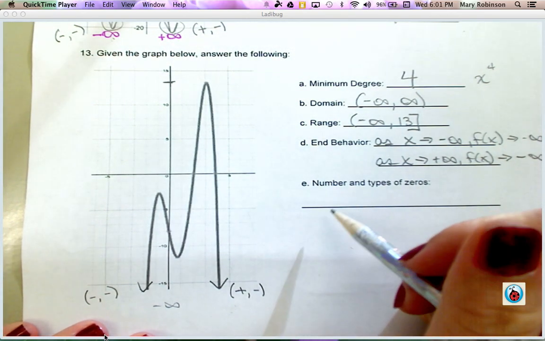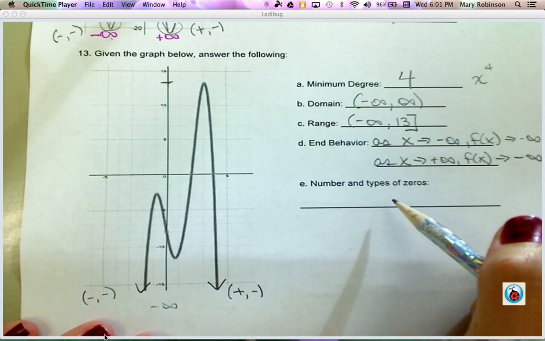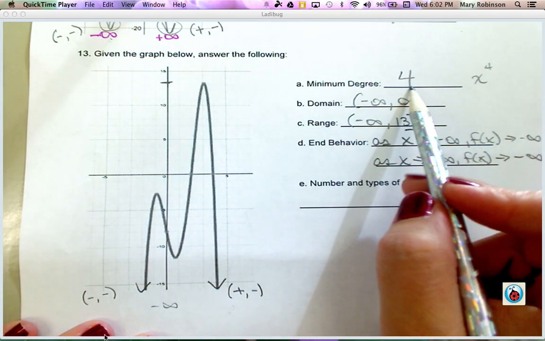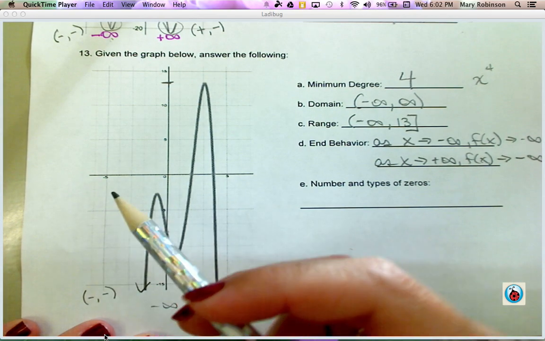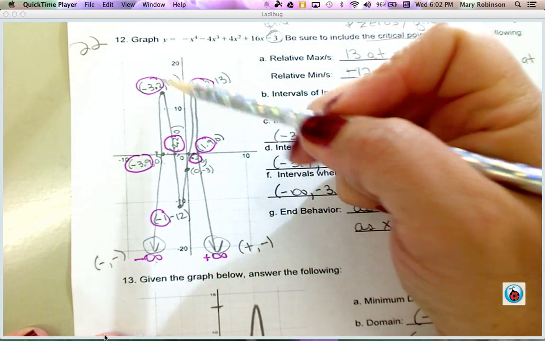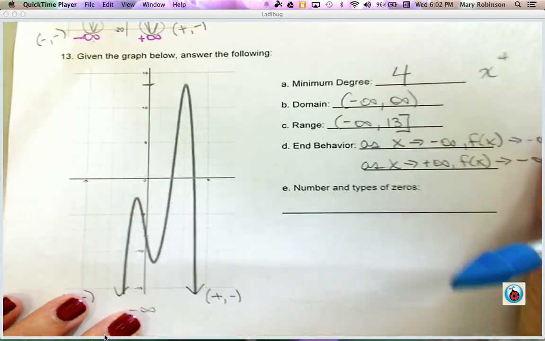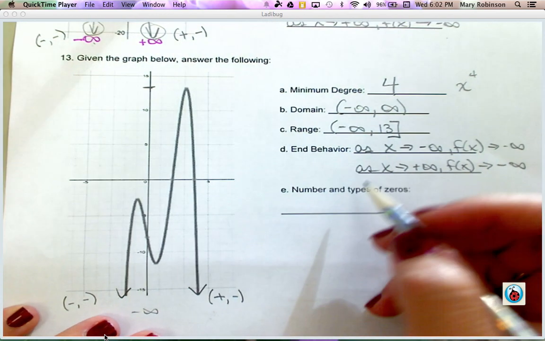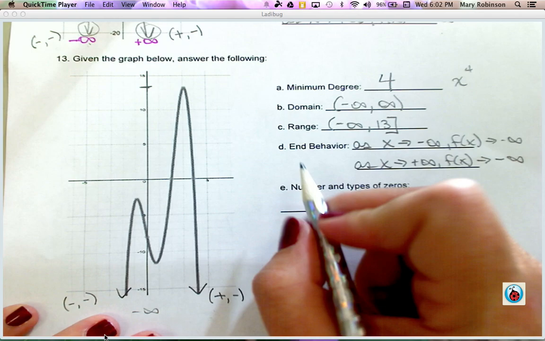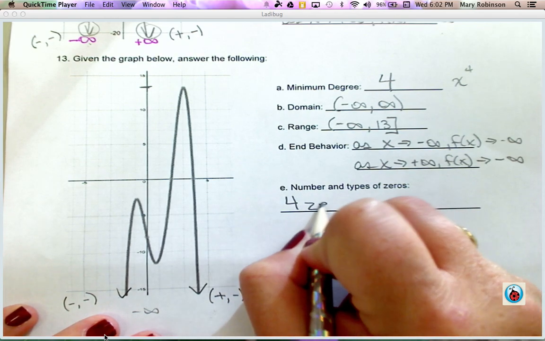All right, we've talked about the number and types of zeros before: if it's a 4th degree function, it can cross the x-axis 4 times. Just like this one did: 1, 2, 3, 4. The degree is equal to the total number of zeros. So if it's minimum degree 4, then I have 4 zeros.